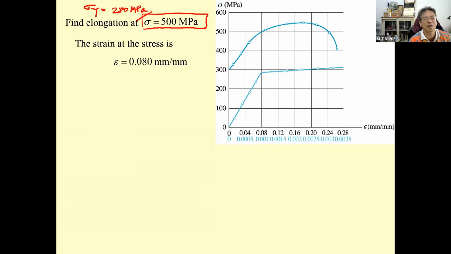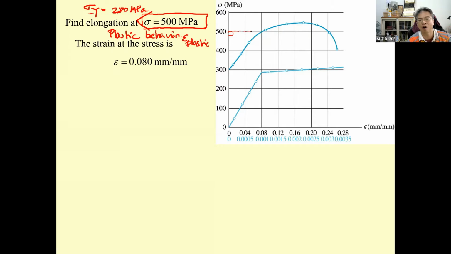That means 500 is larger than the yielding stress, so this is going to be plastic behavior. To determine the strain in the plastic region, you go to 500 and make sure this is a normal angle.